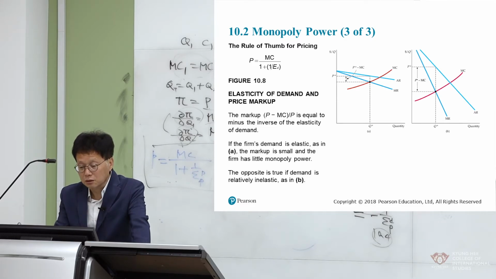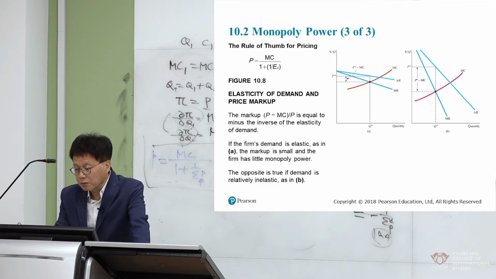Not so large. But look at panel B. Same marginal cost curve, the shape is very similar. This is the price curve, or average revenue curve, or demand curve, and the marginal revenue curve is like this. Then marginal cost intersects marginal revenue at this Q star, the profit-maximizing quantity. At this Q star, price is here.